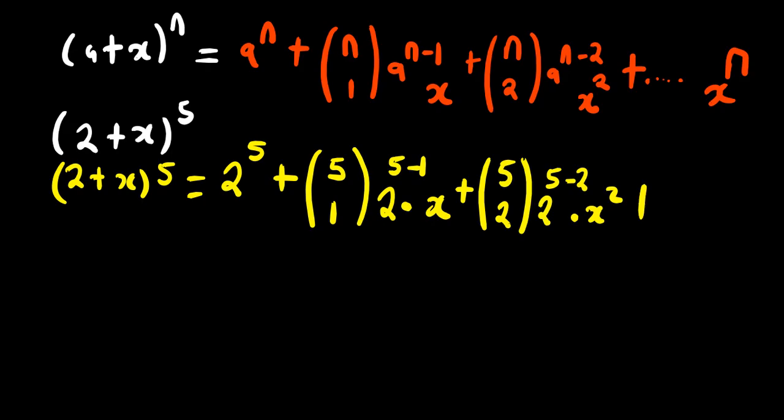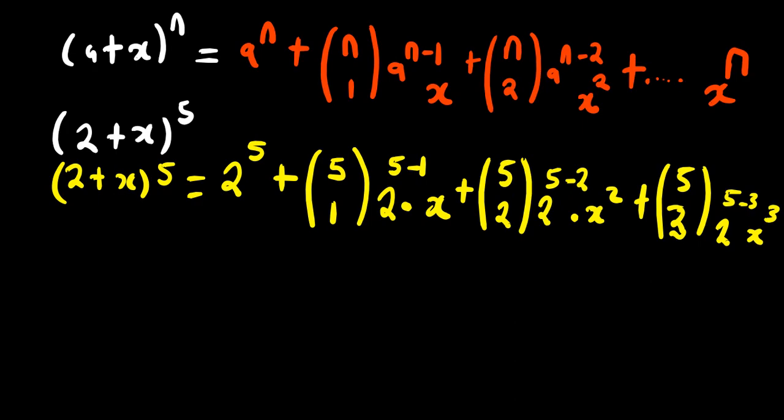Let's reach maybe the next one: 5 choose 3, then you're going to have 2 to the power 5 minus 3, then x to the power 3.